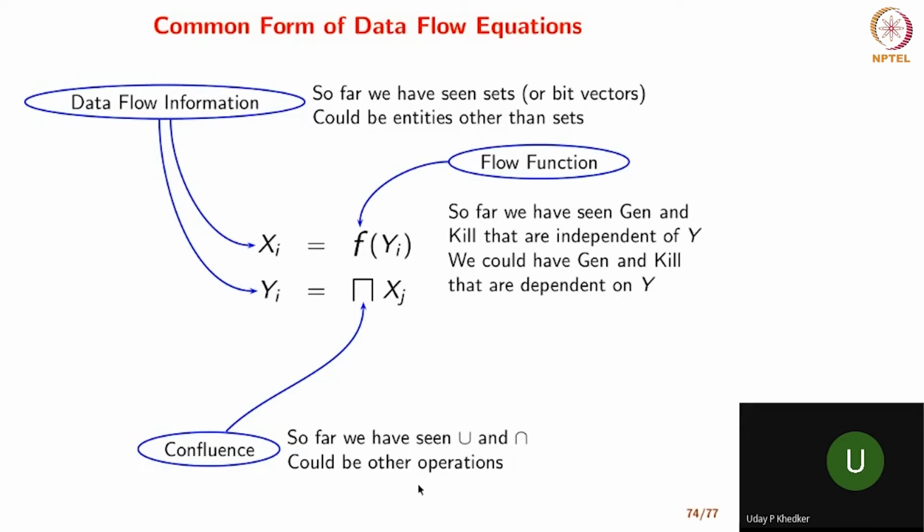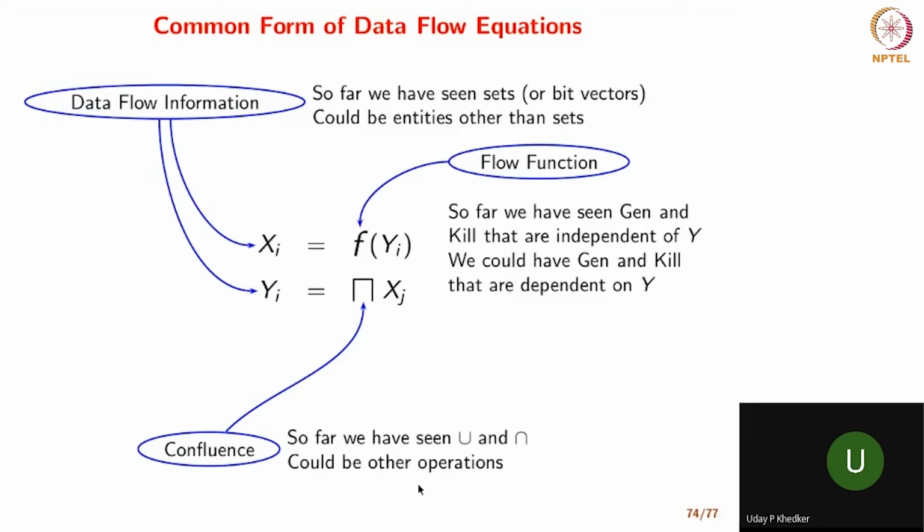Now, what will be the confluence in these things? It's not a simple union or intersection. It could be something else. It doesn't matter so long as it forms a meet operation of the lattice, which means that the operation must be commutative, associative, and idempotent.